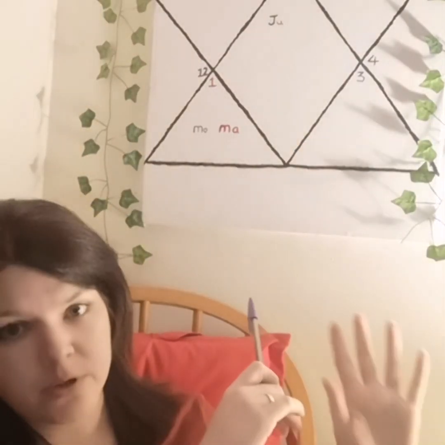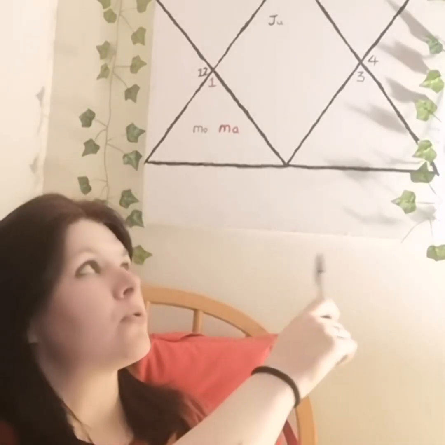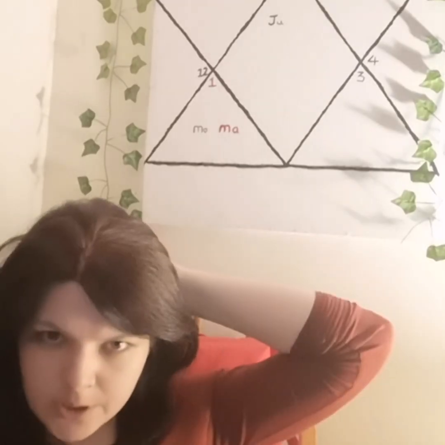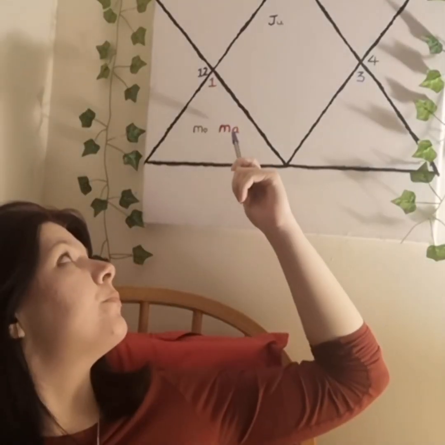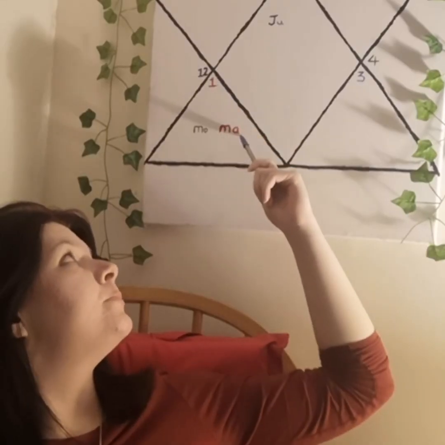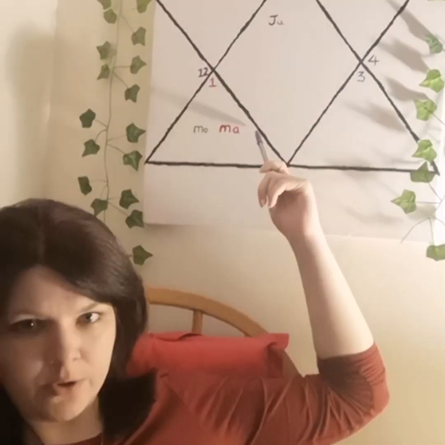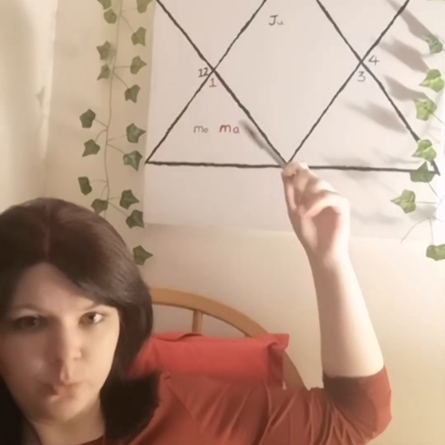But if it's in a different sign, you would take the house lord. So for this, there's only 2 lords. Usually you would have 3 lords that we use to open a chakra. So you have Mars, the planet associated with the chakra, which is Mars, and then the nakshatra lord, which is Venus.